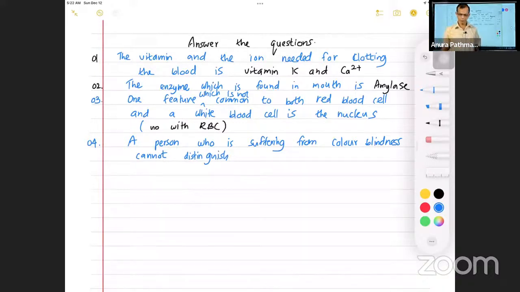Very good, Gani. You are welcome to our revision class. A person who is suffering from color blindness cannot distinguish red and green colors.